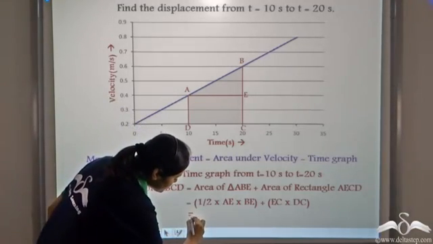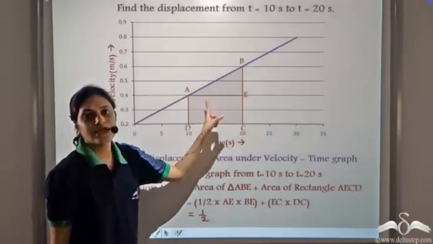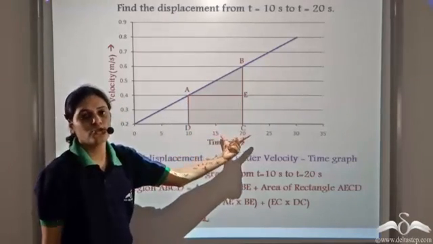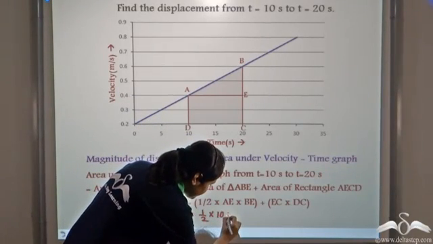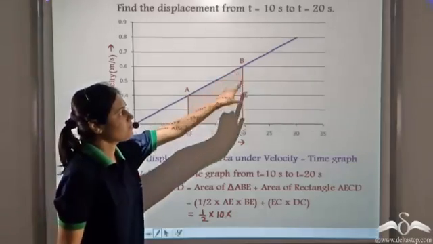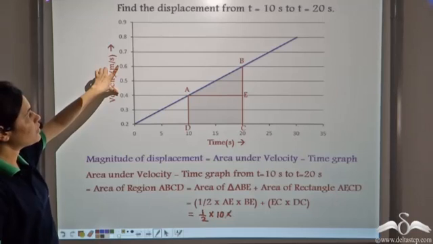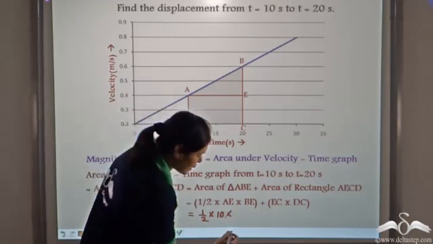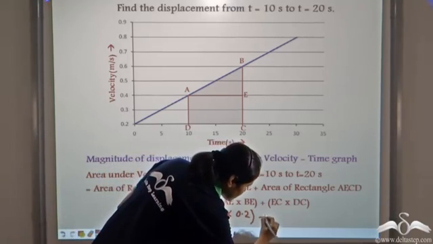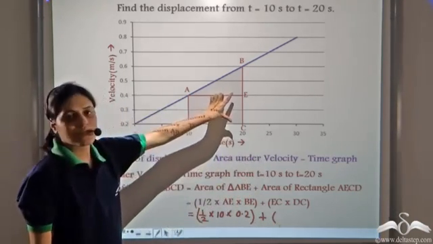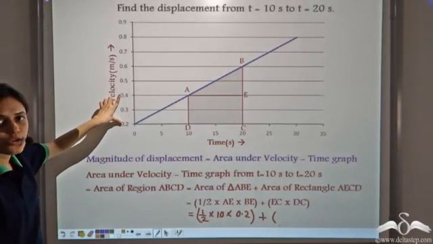Now let's put the values. What is AE? AE is this distance, that is from 10 to 20. So 20 minus 10 gives us 10. What is BE? BE is this distance. It is 0.6 minus 0.4, that is 0.2 meters per second. We only write the magnitude. What is EC? EC is this distance, that is from 0.4 to 0.2.